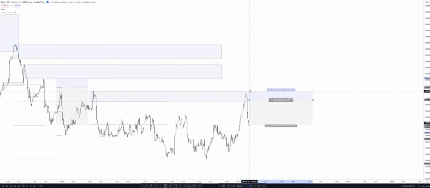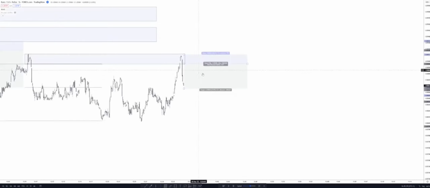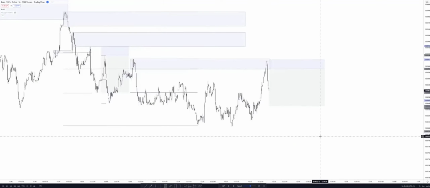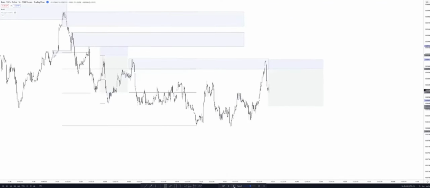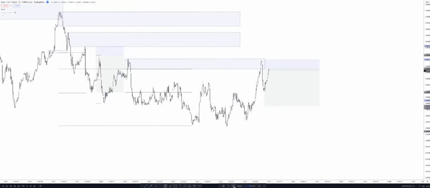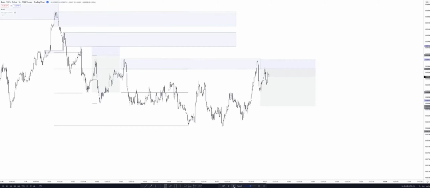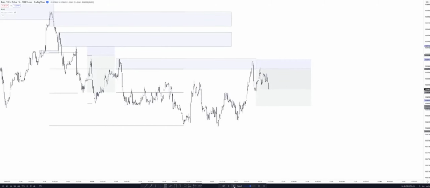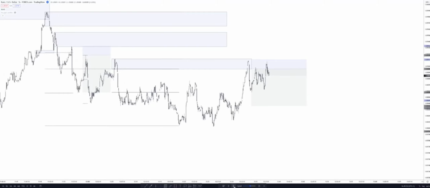So I was looking at 1.5 pip stops today. So this is what I would be looking at here as an entry. This is the one I took. Price came in a bit deeper.